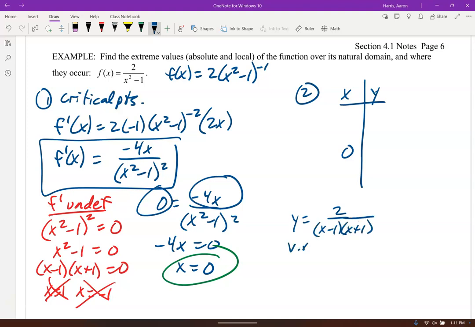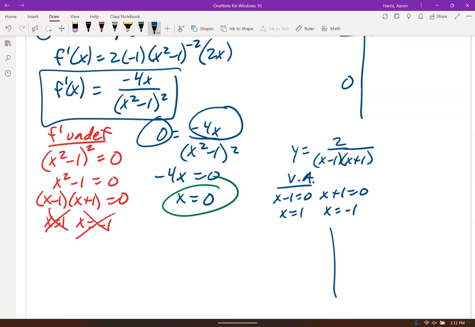Hopefully you can see I've got vertical asymptotes where this is undefined, one there and one there. Graphically, I have these two vertical asymptotes and a horizontal asymptote of y equals 0, and you could plug in a bunch of points if you wanted to. I'm just going to make this visual so you can see my numeric analysis as well.